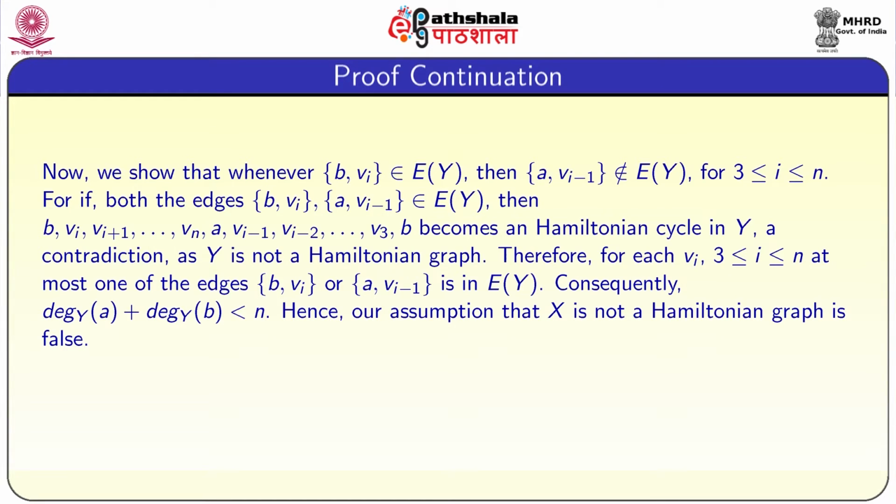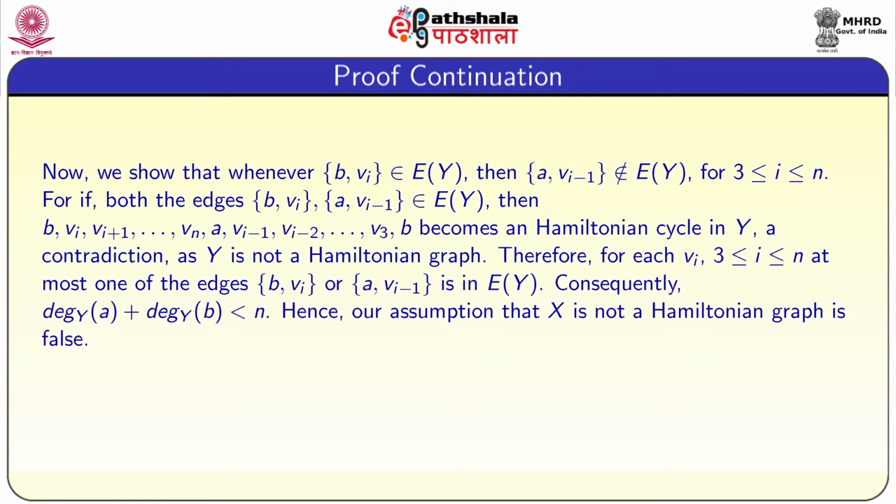If both the edges b vi and a vi minus 1 belong to E of y, then b vi, vi plus 1 and so on vn, a vi minus 1 and so on vi minus 2 and so on v3 b becomes a Hamiltonian cycle in y, a contradiction. y is not a Hamiltonian graph.